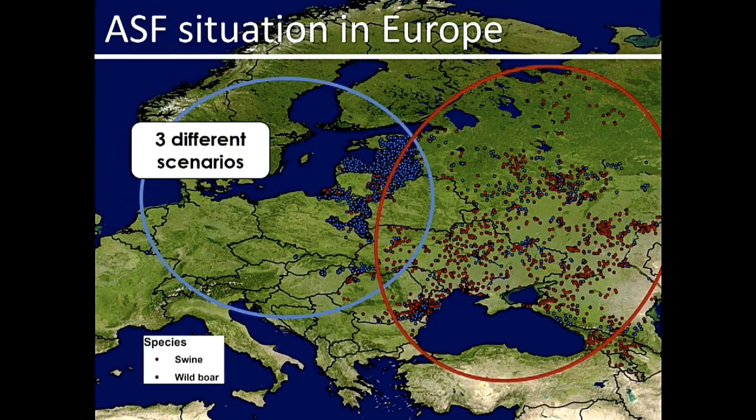In Europe, we have 3 different scenarios. In the European Union we have 2 different scenarios. We have the new infection countries due to this new outbreak, and here it is mainly due to the wild boar.